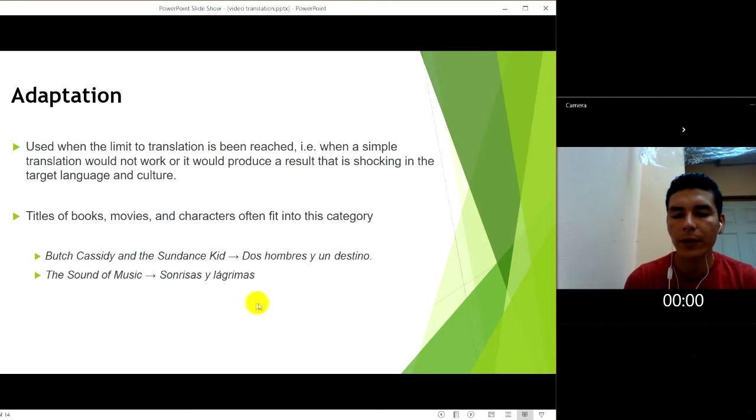For example, here in El Salvador we can say "Rápido y Furioso," but in Spain it is "A Todo Gas." The name changes. They adapt this name to their country.